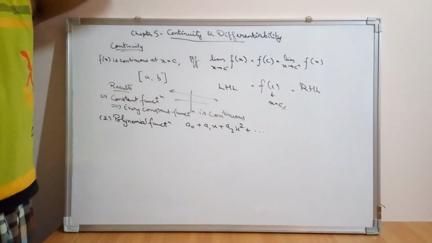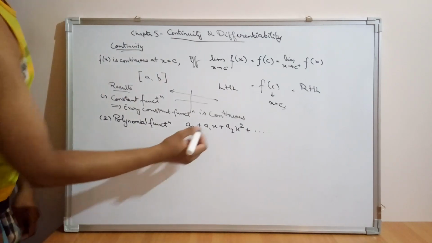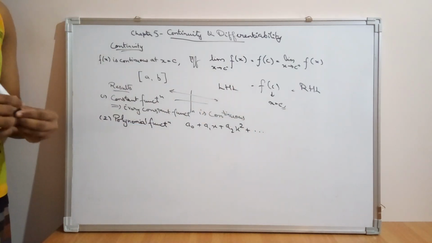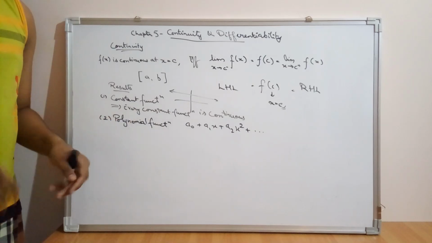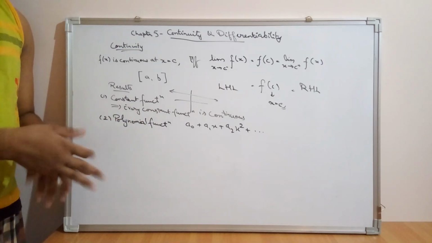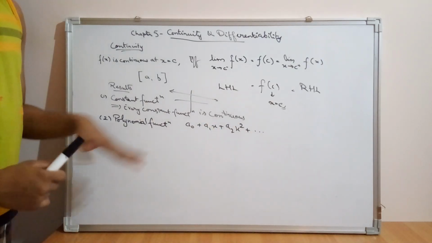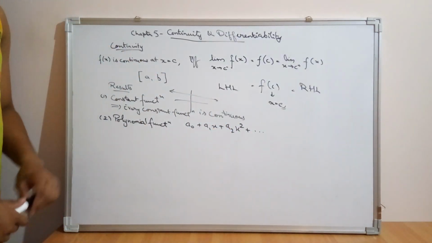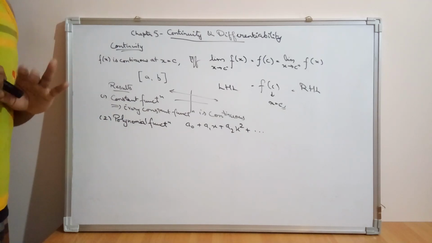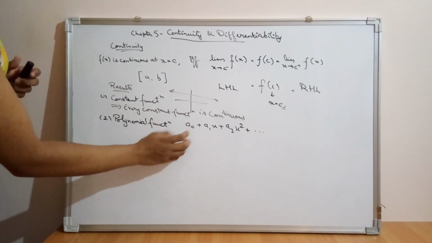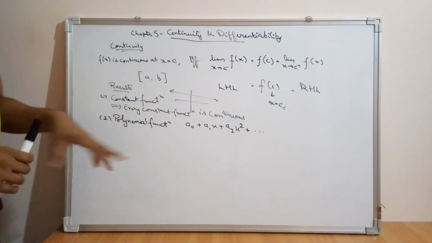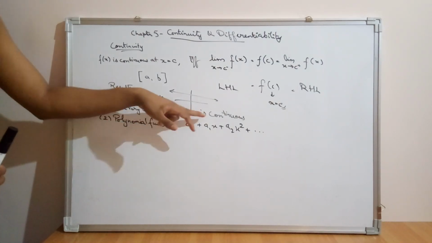Depending upon the coefficients a0, a1, a2, it can be classified as quadratic, cubic and so on. So it is going to be a very long expression. First of all, this is a constant function if you remove all the other terms. A constant function, we know, is continuous.